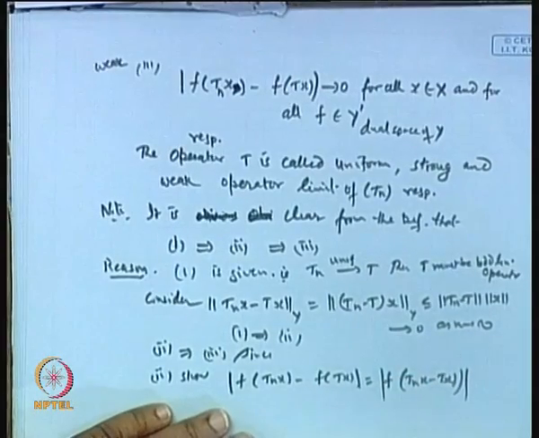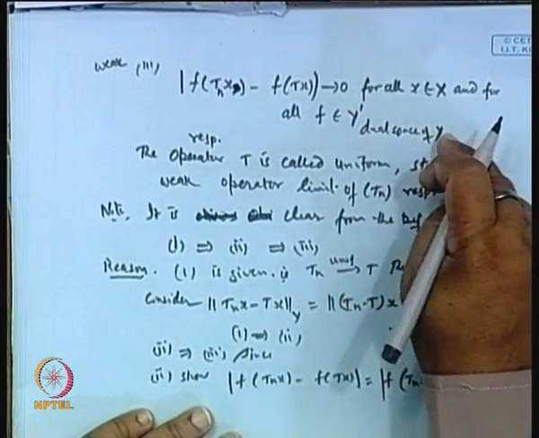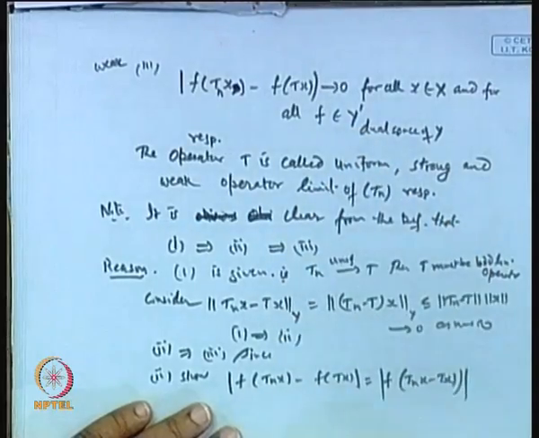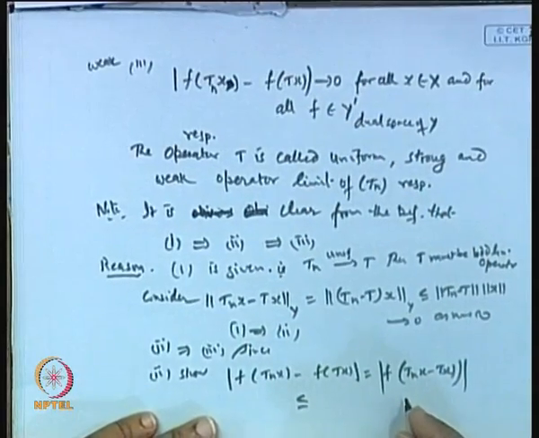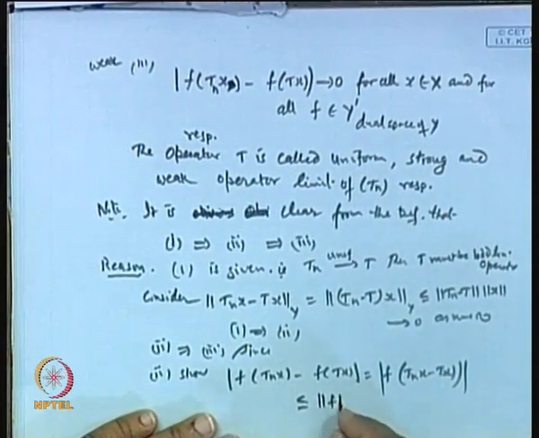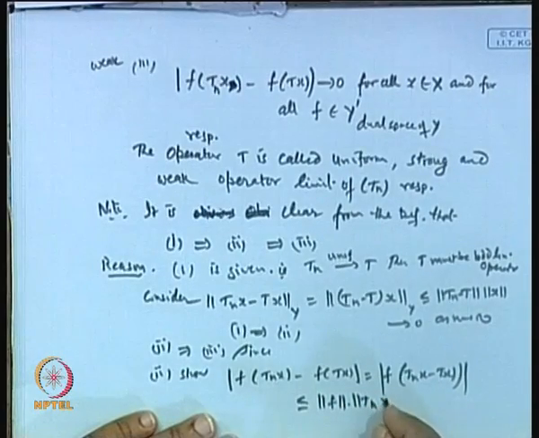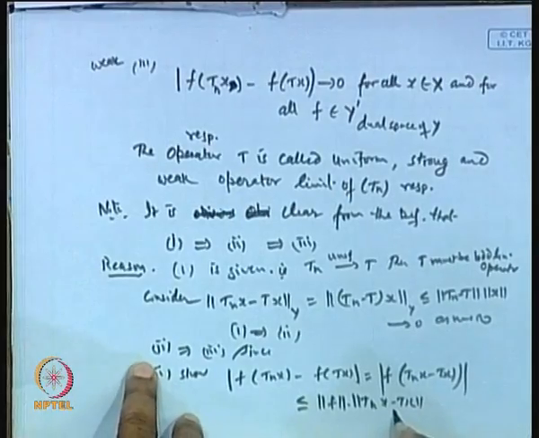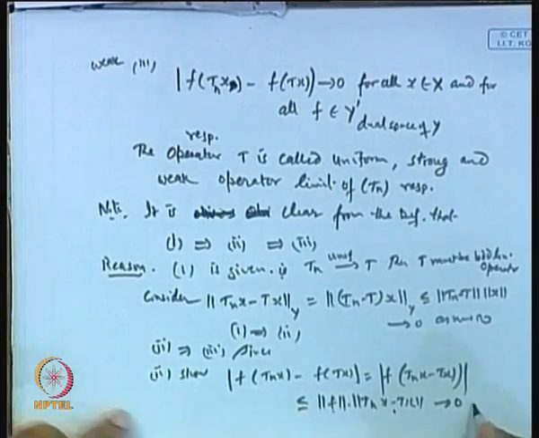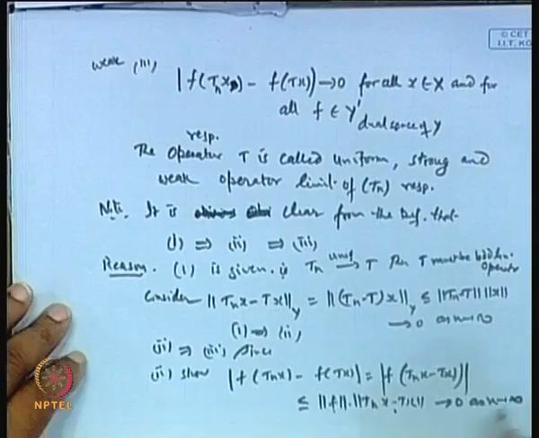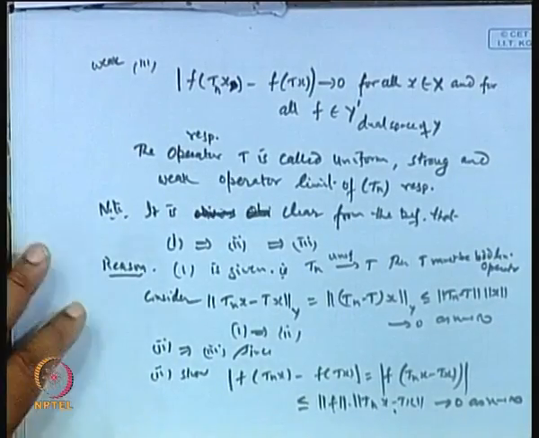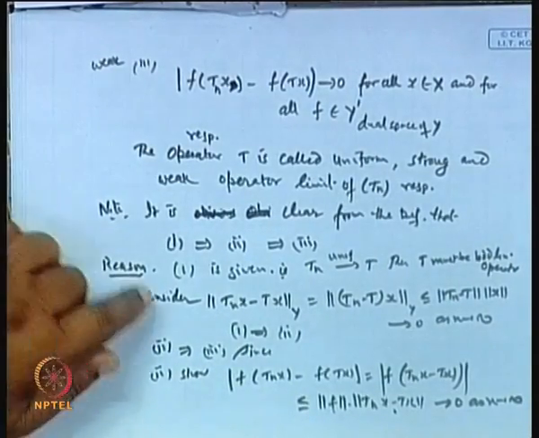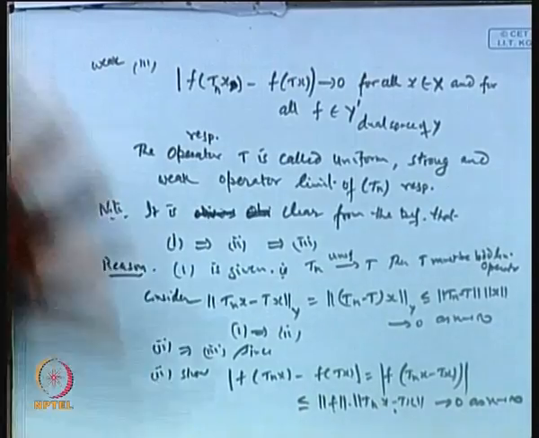F is given to be a bounded linear functional on Y. So, it is less than or equal to norm of f into norm of T_n x minus T x. Now, this is given to be tending to 0, and norm f is bounded. So, it goes to 0 as n tends to infinity. So, second implies third. Okay. So, first implies second, second implies third, obviously true.